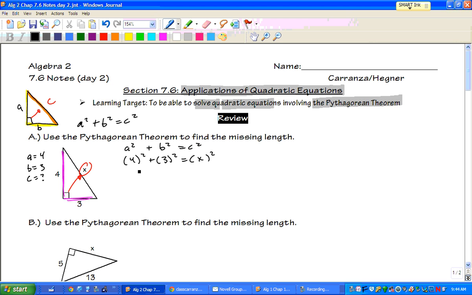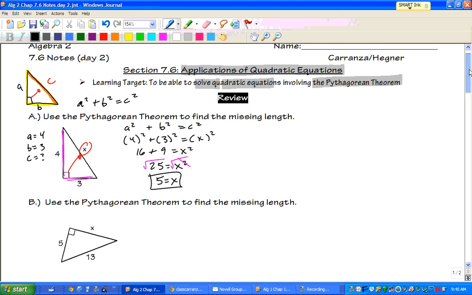So 4 squared is 16. 3 squared is 9 equals x squared. 16 plus 9 is 25. And to get rid of the exponent, we take the square root. So the square root of 25 is 5. And that's what the missing length is. Okay?